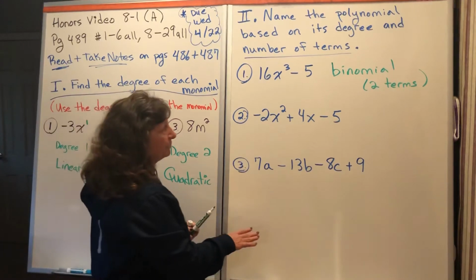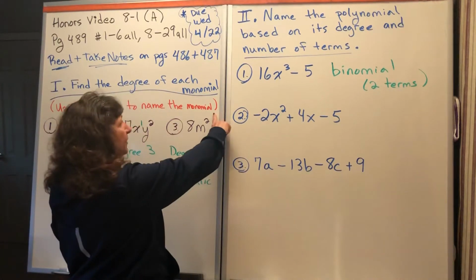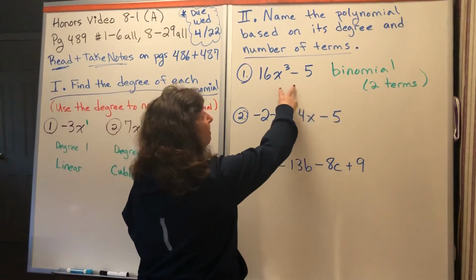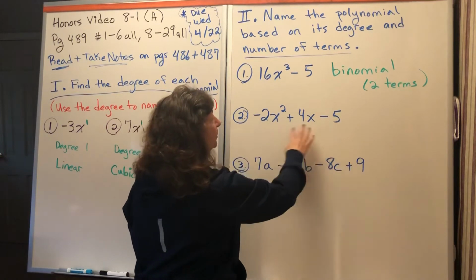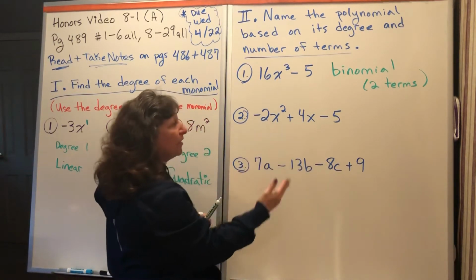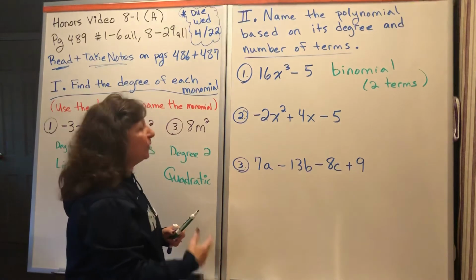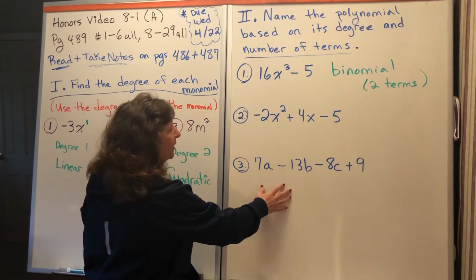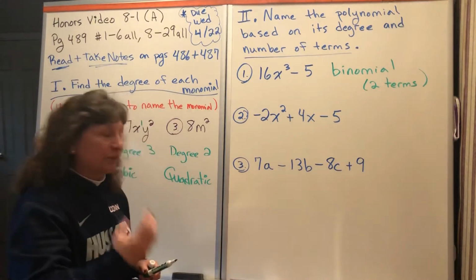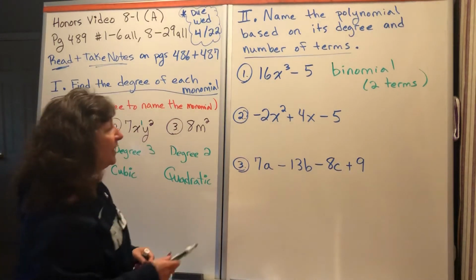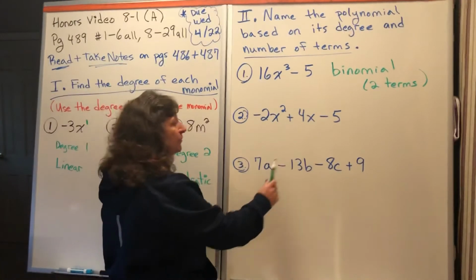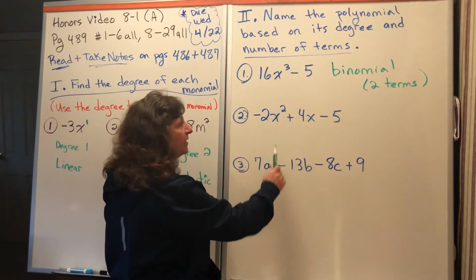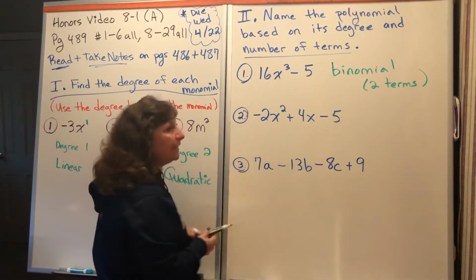But normally, if there's 1 term, monomial, 2 terms, binomial, 3 terms, trinomial, and then any number of terms beyond 3, we call it a polynomial. So this one is truly the polynomial, or if there are 5 terms, or 6 terms, or 7 terms.